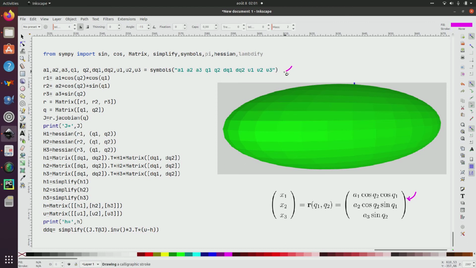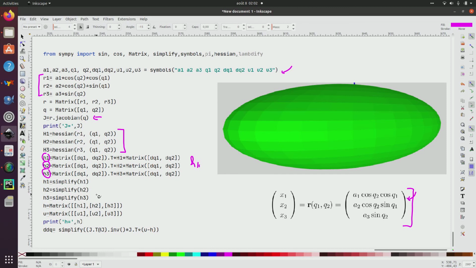So I define here, as previously, all my symbols. Here, this corresponds to this. Okay. I compute the Jacobian here. I compute the Hessians here in order to be able to compute my function hk.